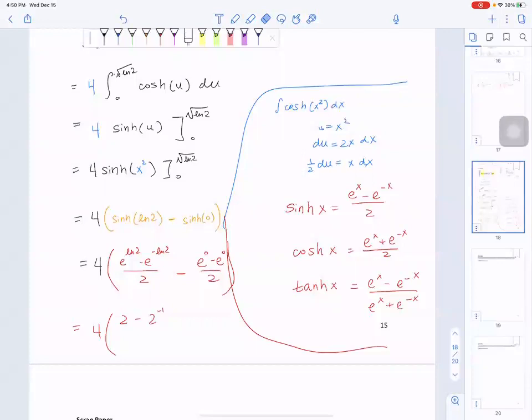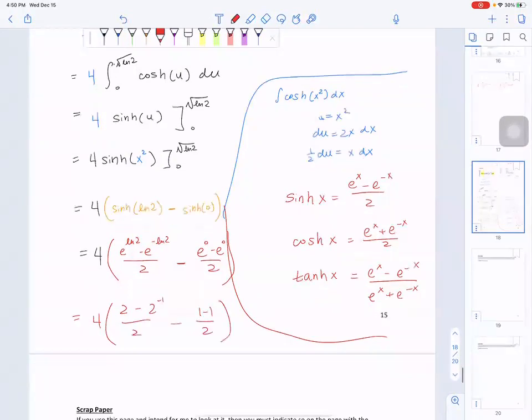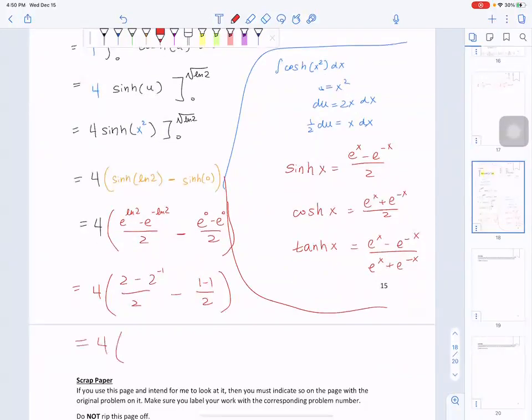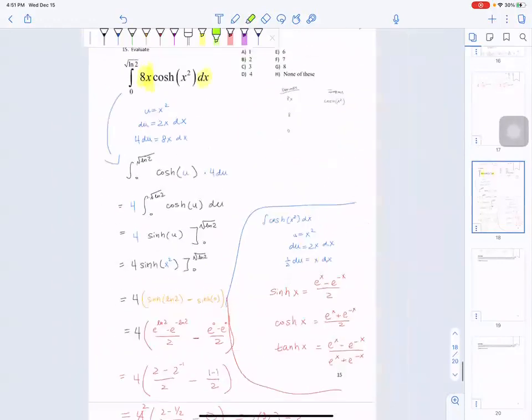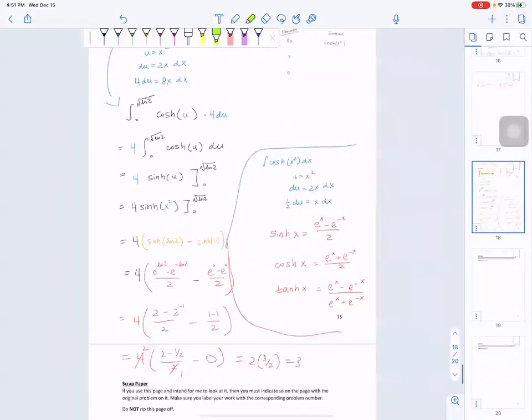So it's 2 to the negative 1 over 2 minus, this is 1 minus 1 over 2. So we get 4 times 2 minus a half over 2 minus 0. Or we get 2 times 3 halves, or 3. So the correct answer here was C, 3.